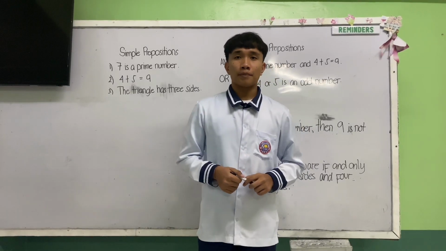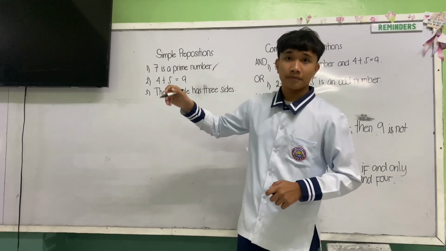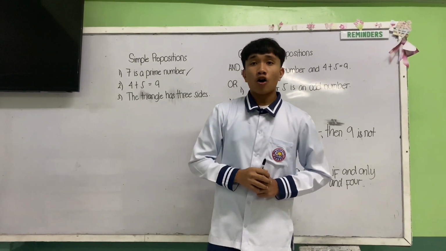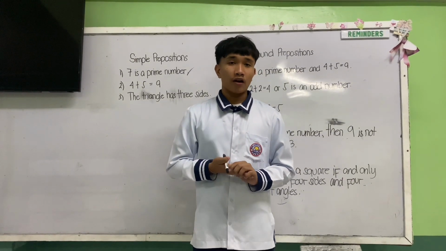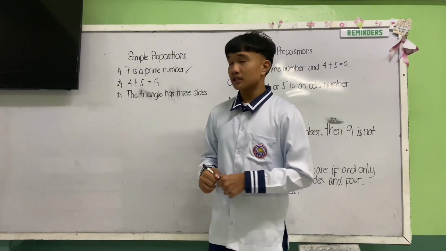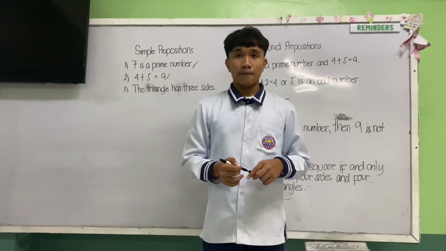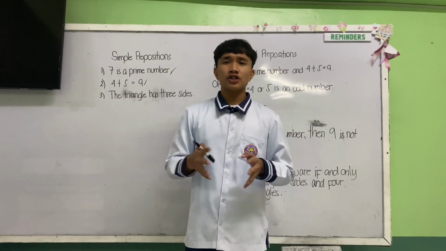Examples of propositions. First is, 7 is a prime number. This is true because 7 can only be divided by 1 and itself without leaving a remainder. The second one is 4 plus 5 equals 9. This is true because mathematically the addition is correct.